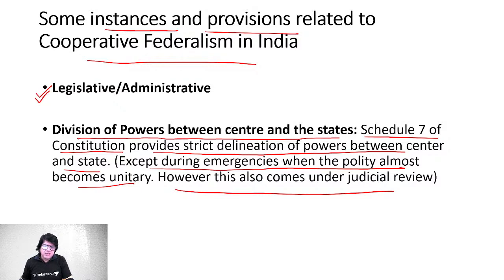Then it can be reviewed by the judiciary, and states can also challenge that law, as was done in one particular instance where the National Investigation Agency Act of 2008 was challenged in 2020 by one of the states. I will just give you the example of how Chhattisgarh challenged that.